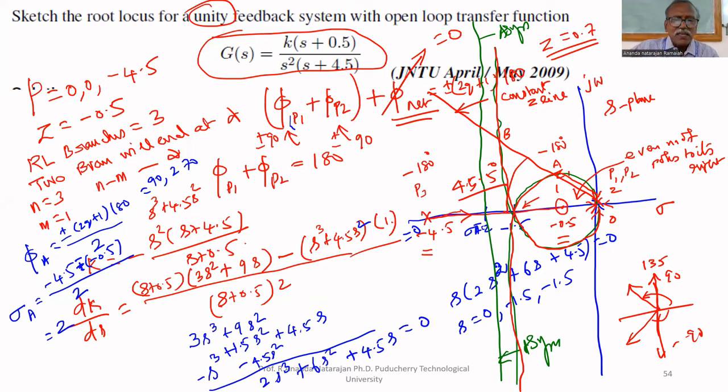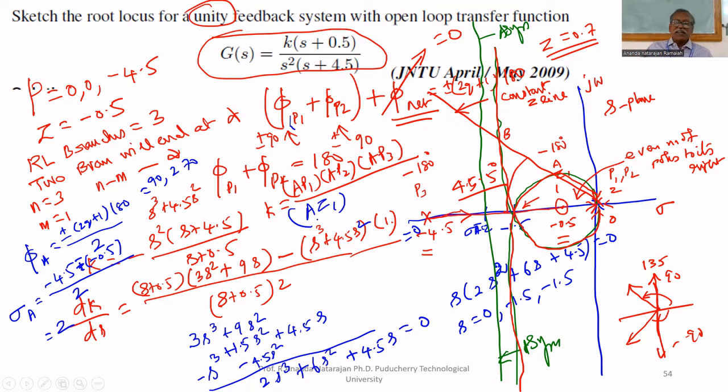Then the formula is K equal to the product of the lines drawn from A to all poles, AP1 multiplied by AP2, the second pole, AP3, A to the third pole, divided by AZ1, only 1 zero. This is the formula to find the value of K. But whether I have to find from A or B, that is the question. We have to find from A only.